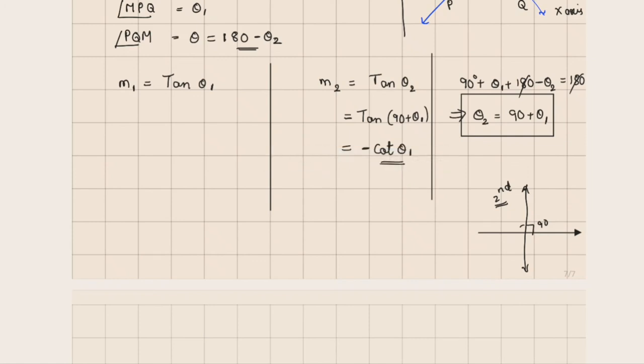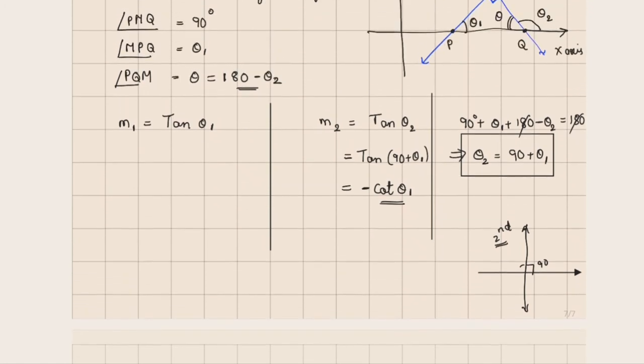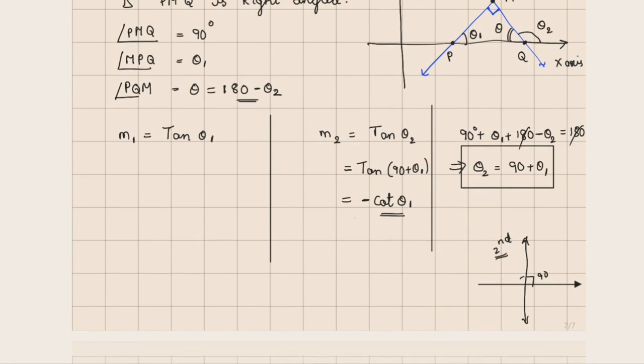So tan of 90 plus theta 1 will be minus cot theta 1. So M1 is tan theta 1, M2 is minus cot theta 1, which you can write as minus 1 over tan theta 1. This is a basic thing in trigonometry.